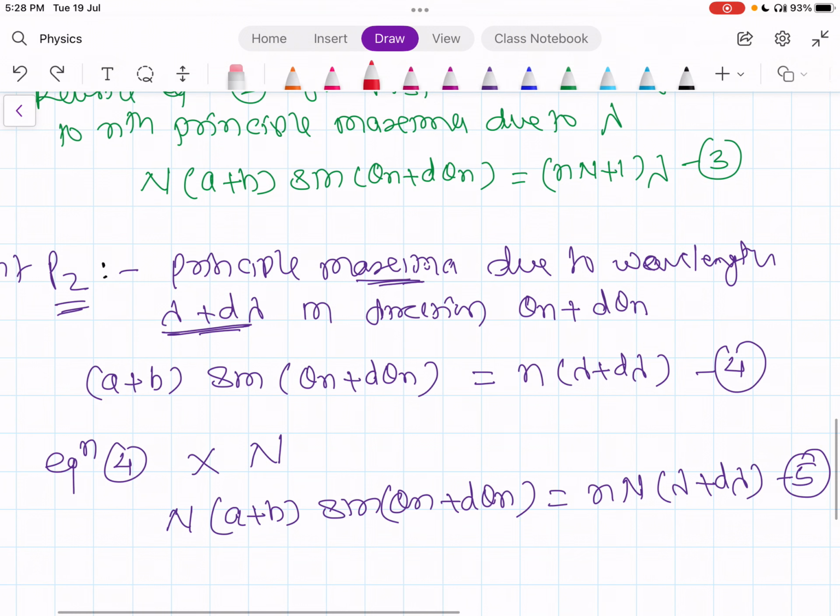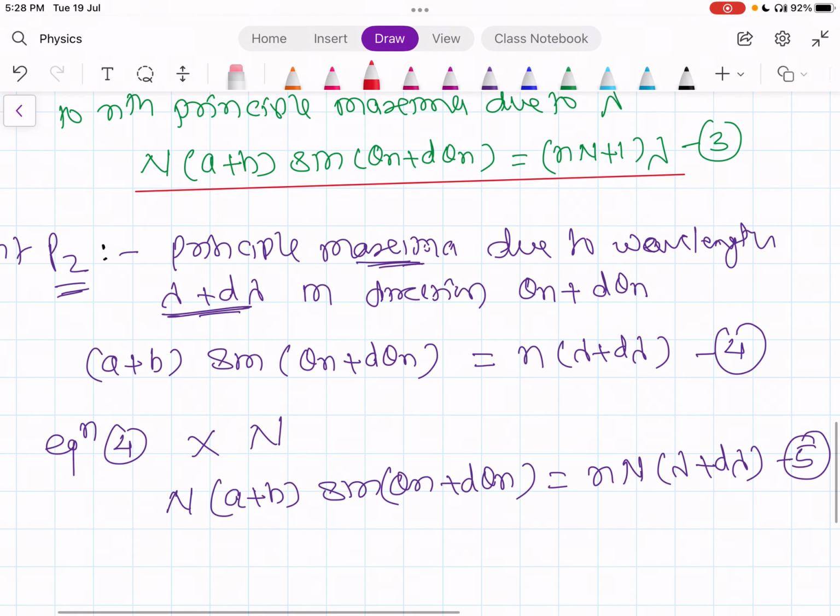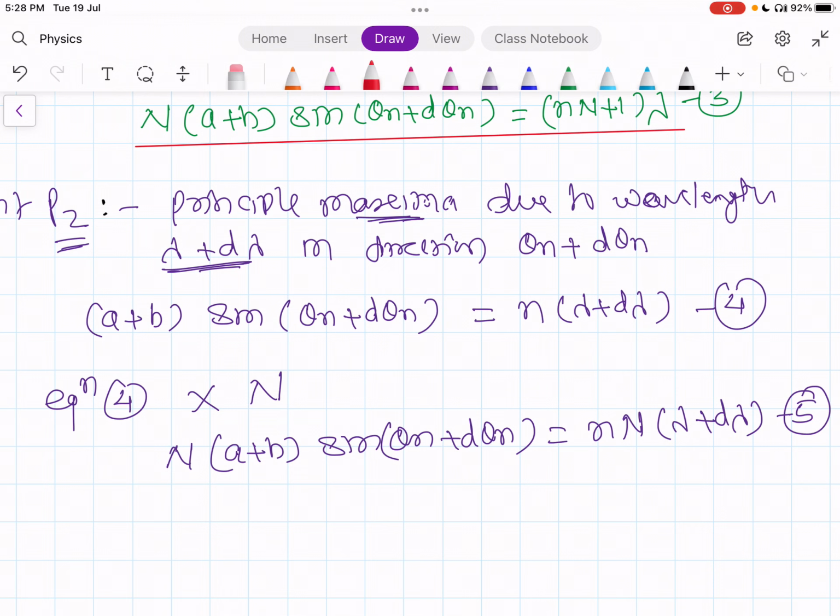And see equation 3. Equation 3 is what? N times (a plus b) sine of (theta n plus d theta n) equals (nN plus 1) lambda, where we get the first minima due to wavelength lambda, and at the same point, we get the nth principal maxima due to wavelength lambda plus d lambda.